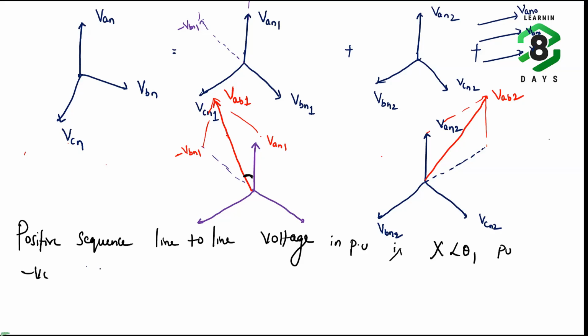Negative sequence line to line voltage in per unit value is Y at an angle theta 2, so many per unit. Okay, now you tell me what is the relationship between the phase voltages and line voltages in case of positive sequence and negative sequence components.